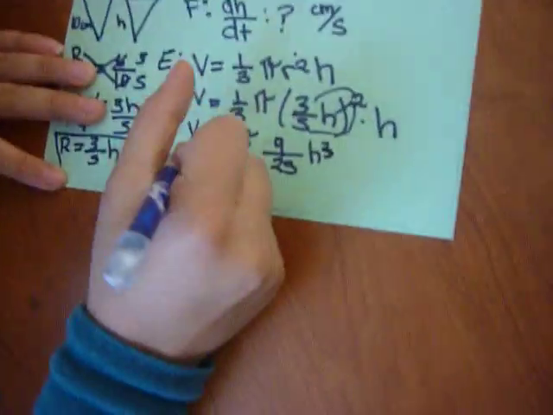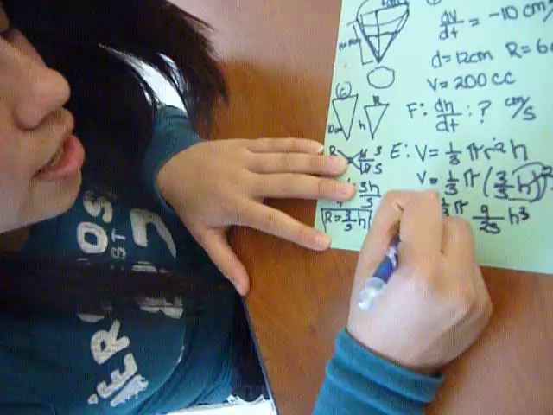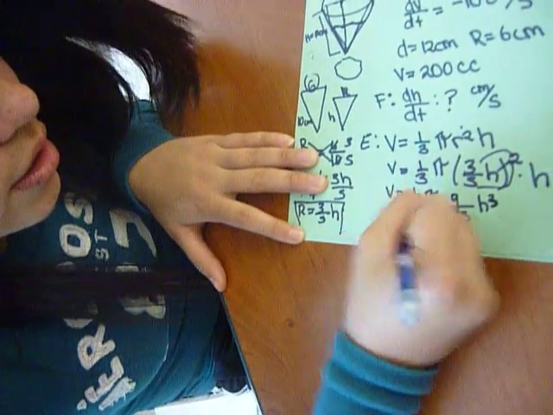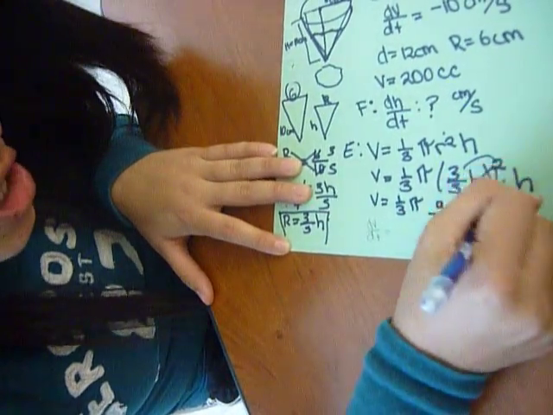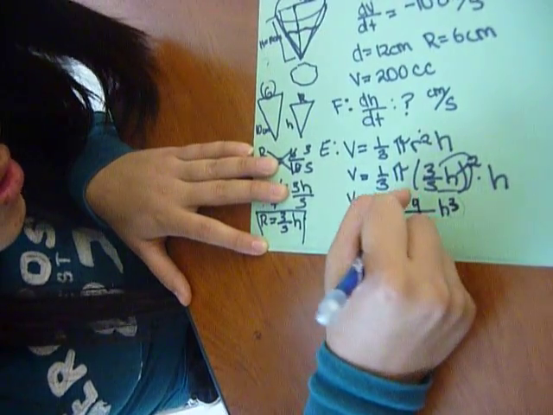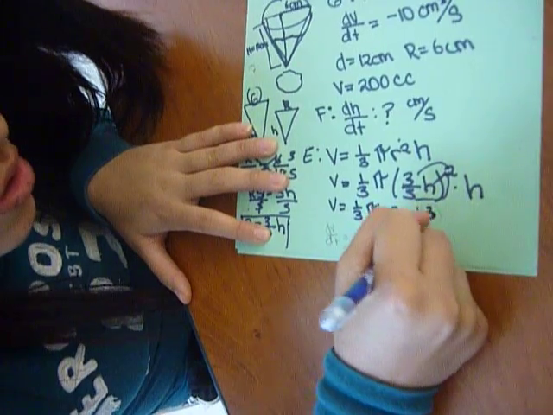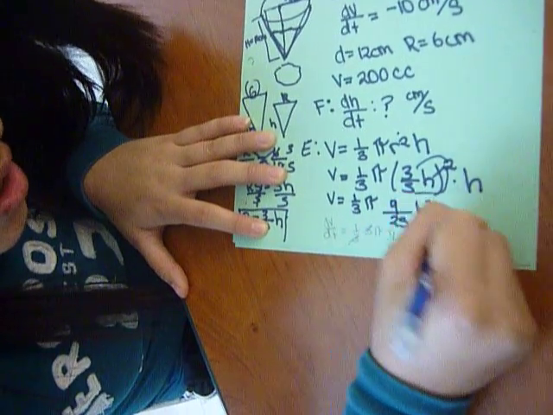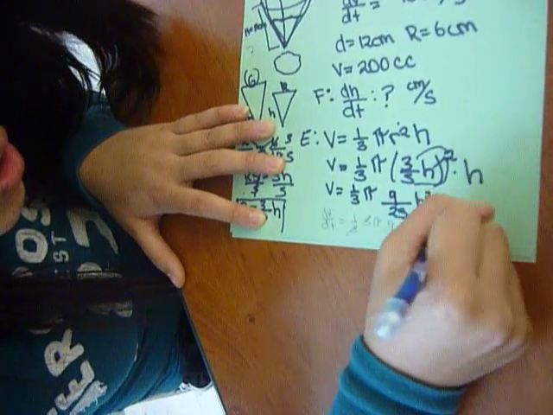We'll take the derivative of this. The derivative of V with respect to time is dV over dt. And now chain rule here, we bring down 1/3 times 3 pi. Those 3's cancel. 9/25 H squared dH over dt.